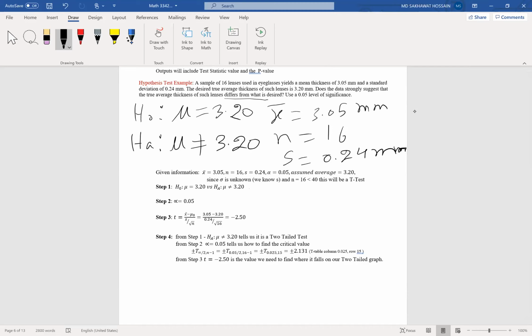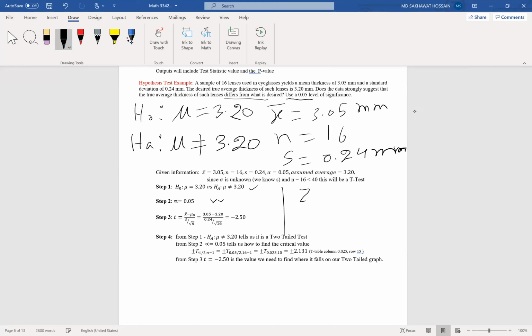Now we have to determine our alpha. Before doing the test, determine your alpha, the significance level. The significance level is given here, which is 0.05. Now calculate the test statistic. Before calculating it, you have to determine what type of test you will be using in this case.